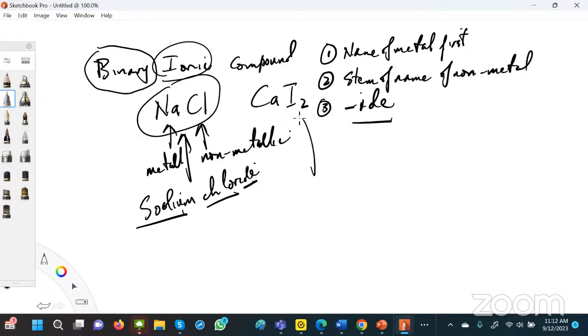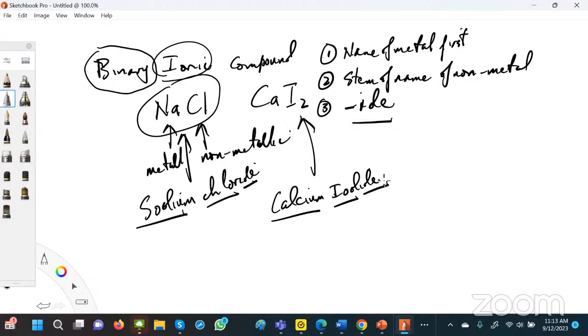Or in this particular case, calcium iodide. The name of the metal is calcium, then the stem of the name of the nonmetal is iod, and then -ide would be the ending of the second part of the name of that compound.